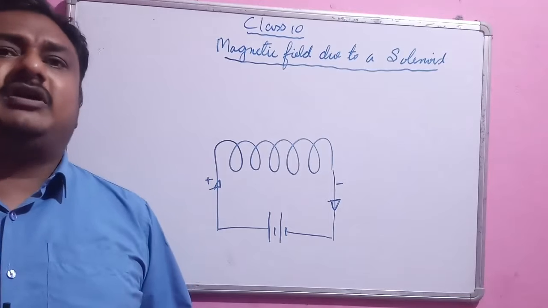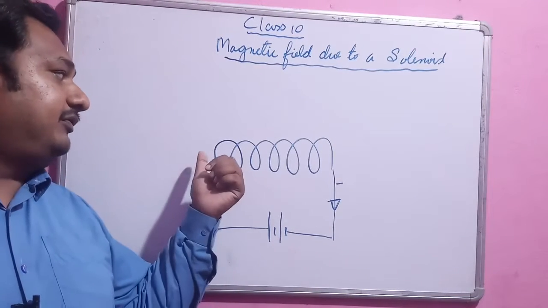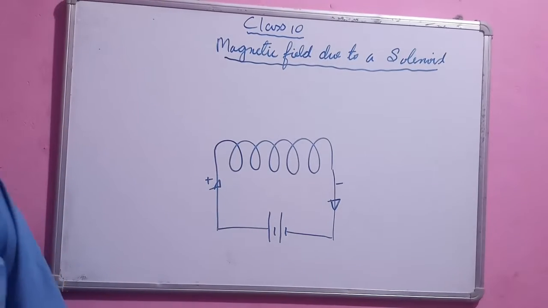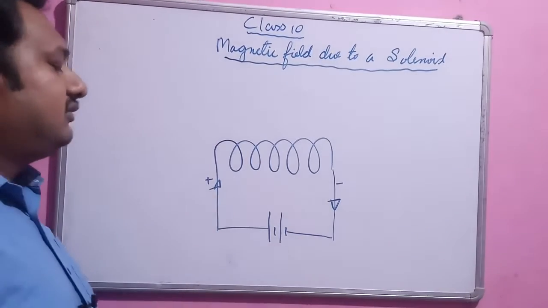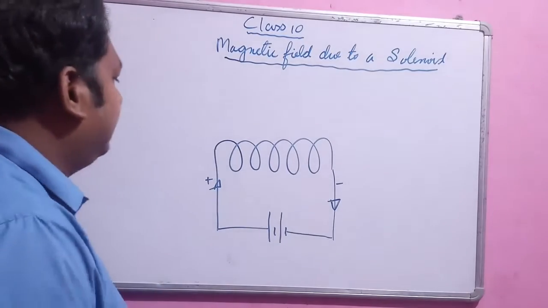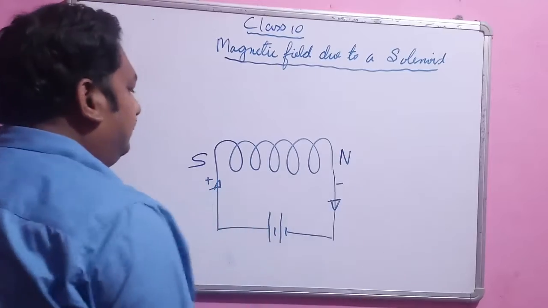It develops a polarity, meaning one of its ends behaves like a north pole and the other end behaves like a south pole. Here this pole is behaving like a south pole and this pole is behaving like a north pole.